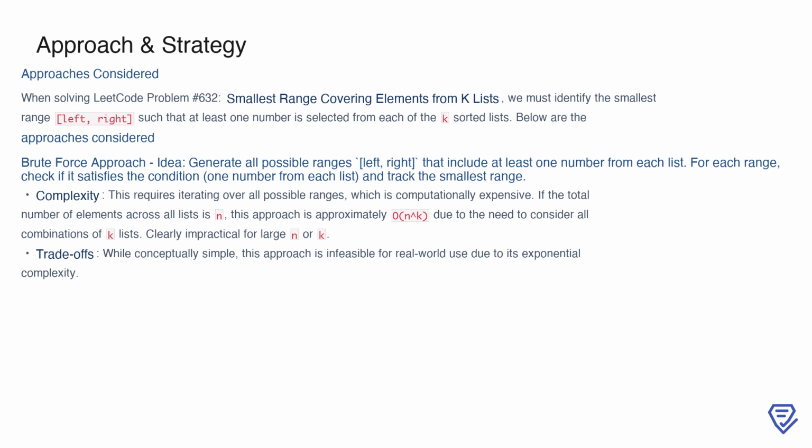However, the computational cost of this method is prohibitive. Since we would need to iterate over all possible combinations of k lists, the complexity grows exponentially, approximately n to the power of k, where n is the total number of elements across all lists. While this approach is conceptually simple, it quickly becomes impractical for larger inputs, making it unsuitable for real-world scenarios.